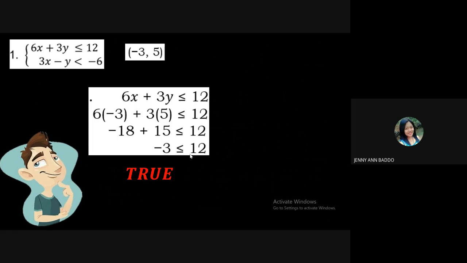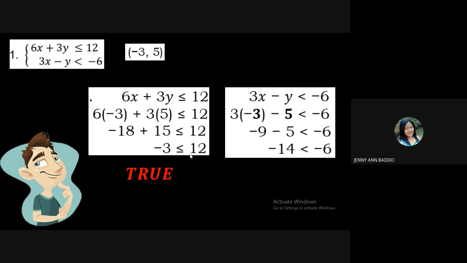Next, we will use now the second inequality. 3x minus y is less than negative 6. Again, by substitution, we have 3 times the value of x, which is negative 3, minus the value of y, which is 5. That's less than negative 6. Multiplying 3 by negative 3, we have negative 9 minus 5. Simplifying negative 9 minus 5, that's negative 14.